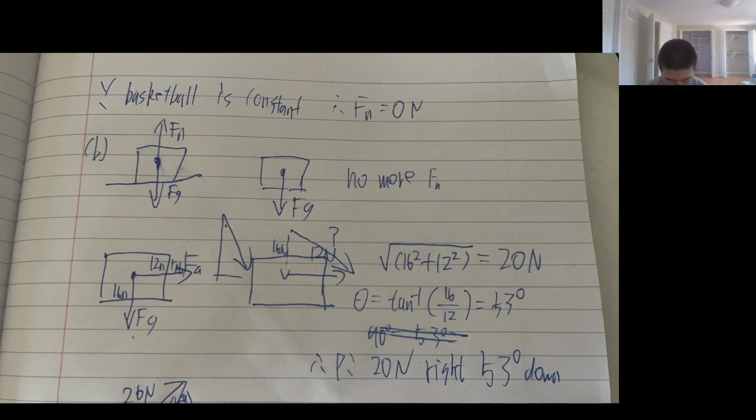And we have a net force which is pointing at an angle downward, and the x-axis force should be 12 newtons to the right, and the y-axis force is only 16 newtons, which is gravity.